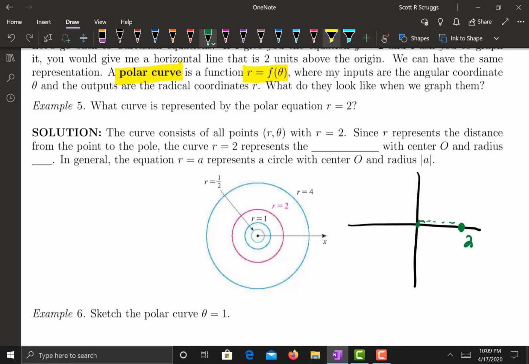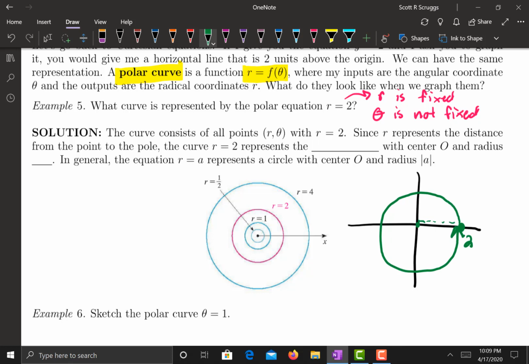Well, in this equation, r is fixed, but theta is not fixed. Meaning anything along this curve is a valid point for that polar equation.